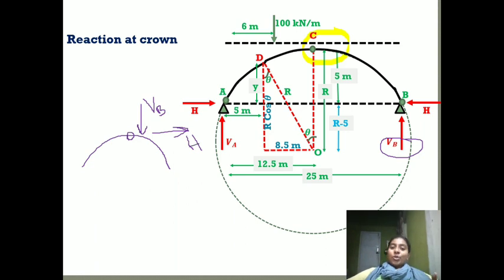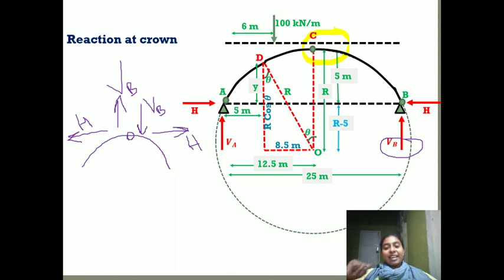Now, to the left of C, it is VA minus 100. You will get the value equivalent to VB upwards. This also will be equal to VB. And you will have the horizontal reaction in the opposite direction, H. So it has been balanced at C.